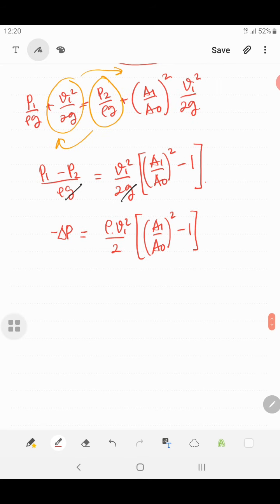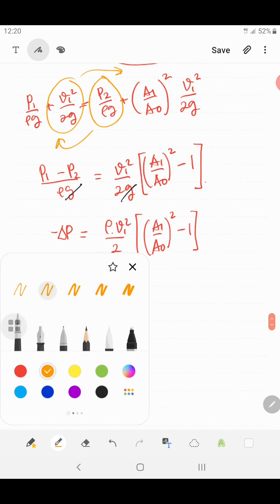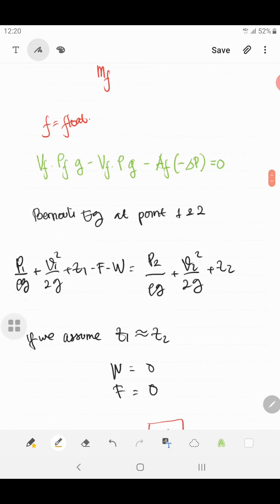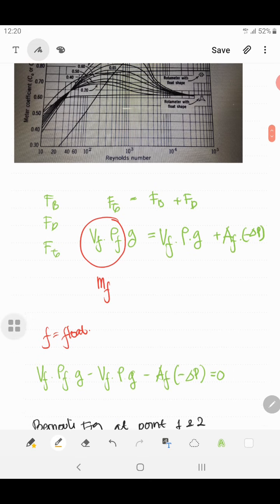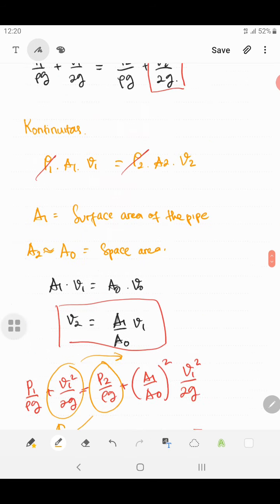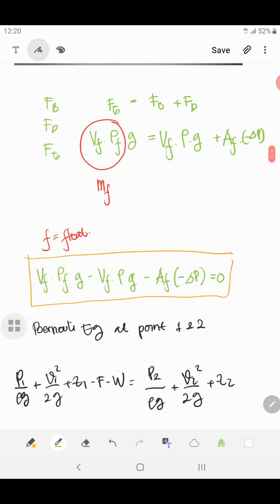And you can substitute this equation into the first equation, which states the force balance, I will copy this equation to the bottom.